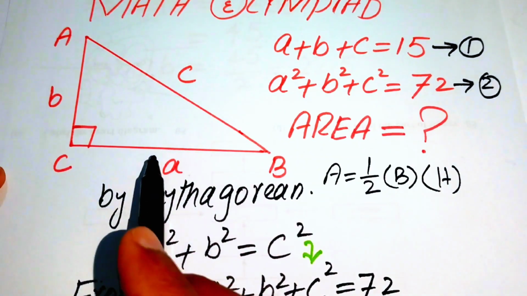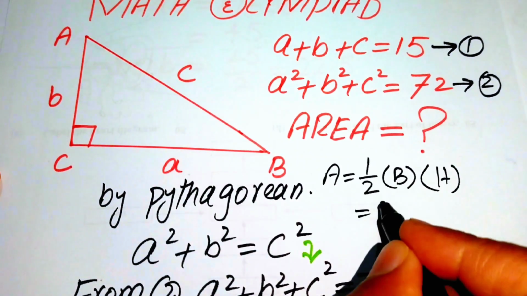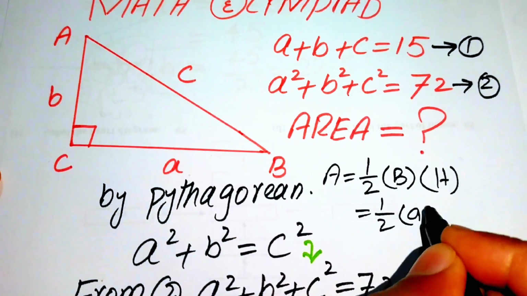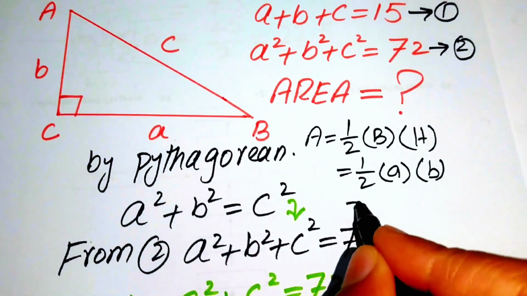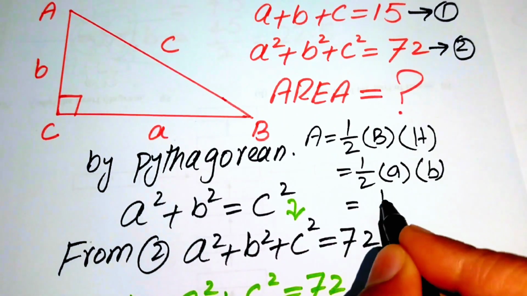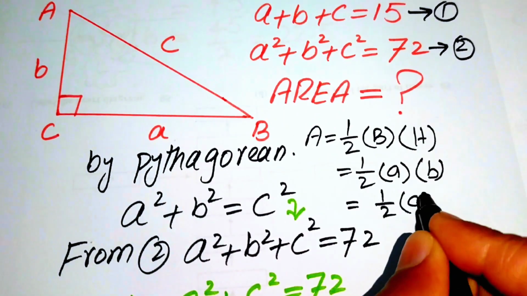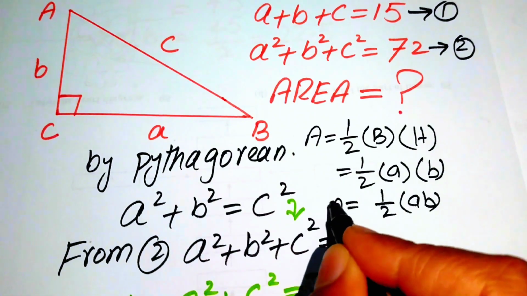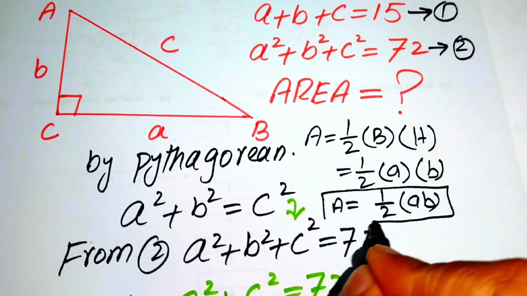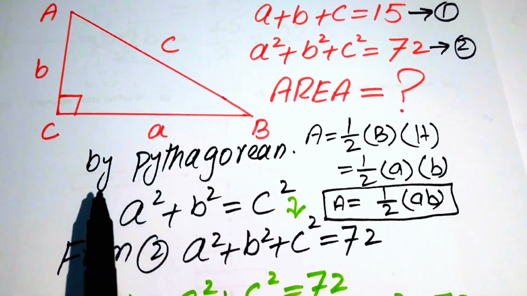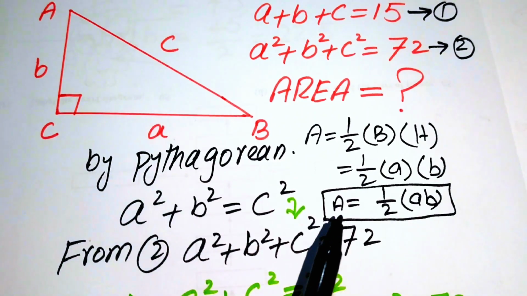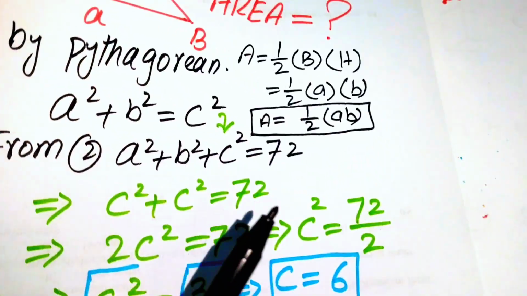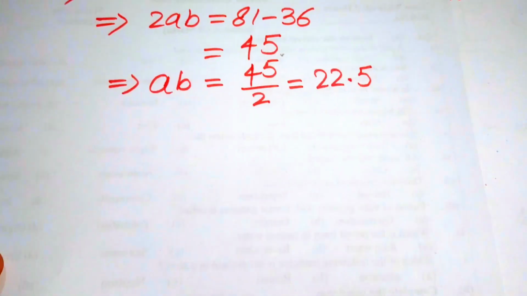Our base is denoted by a and our height is denoted by b, so the area becomes 1 over 2 times ab. This is the area formula for this triangle, and now we use it.